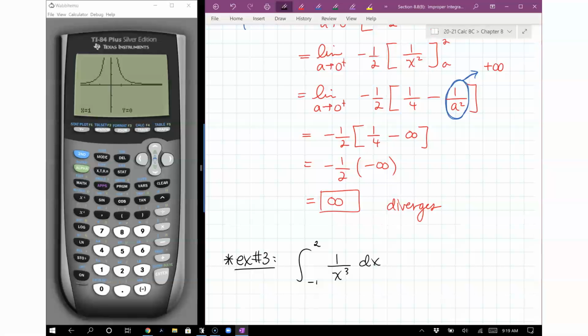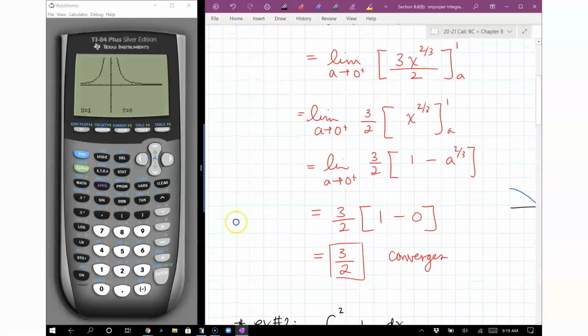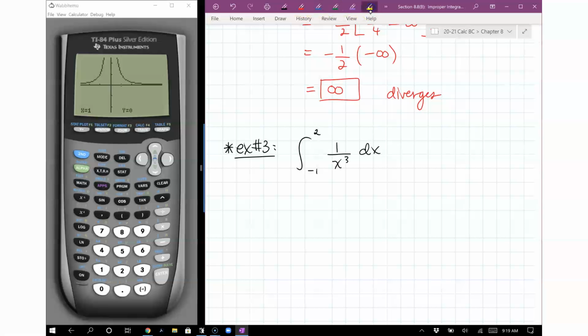Remember, for the ones with the b, we're not going to be able to do one just because of time constraints, but if the b value is the wrong thing, in other words, if the top part is the problem, then you're going to do limit as b goes to the number, but from the left. You're going to put a minus sign. The a's you put a plus, the b's you put a minus.